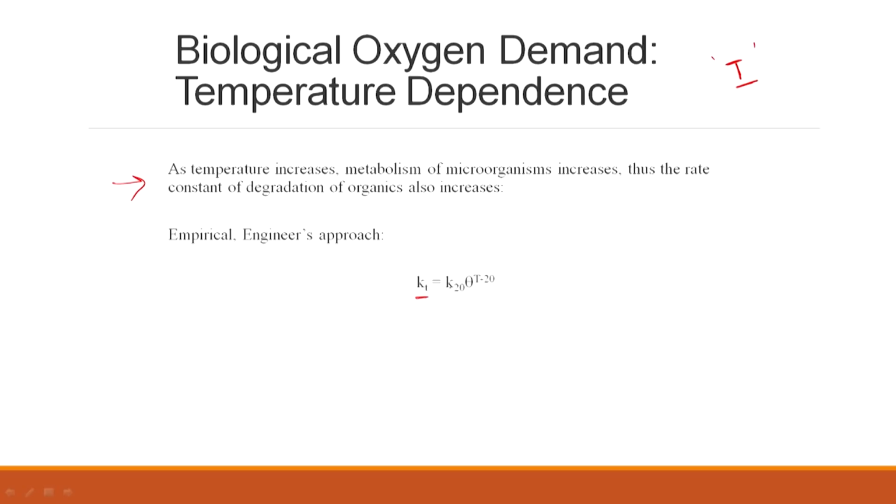In the general empirical approach, the rate constant at temperature T, this is not time, is equal to the rate constant at 20 degrees centigrade into theta to the power of T minus 20, and theta will have different values based on empirical observations.